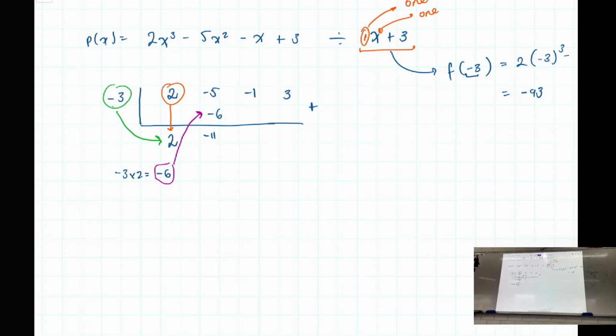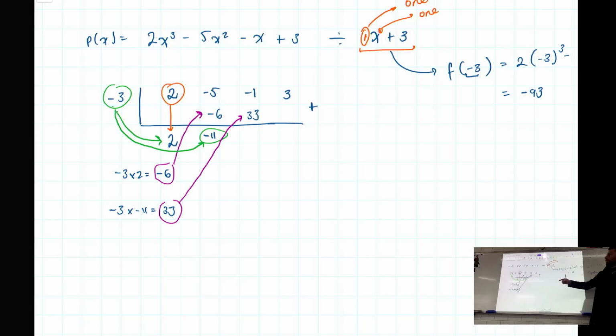And I'm going to repeat what I just did before. I'm going to take the minus 3 and multiply with minus 11. So minus 3 times minus 11 is 33 positive. I'm going to place that 33 here. And I ask myself again, minus 1 plus 33, 32 positive.